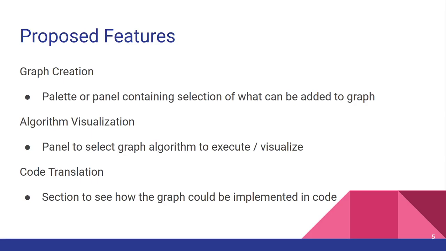Here are some basic features and functionalities that we initially proposed. First of all, we will have a palette in our web app. From there, the user will be able to select what can be added to the graph, for example the vertices and edges of the graph, or the user can also add a weight to each edge.